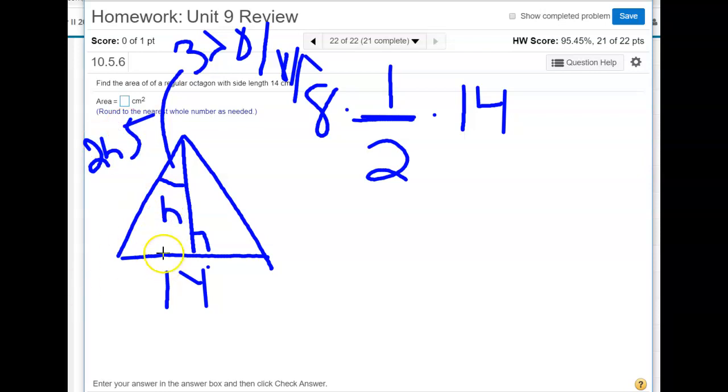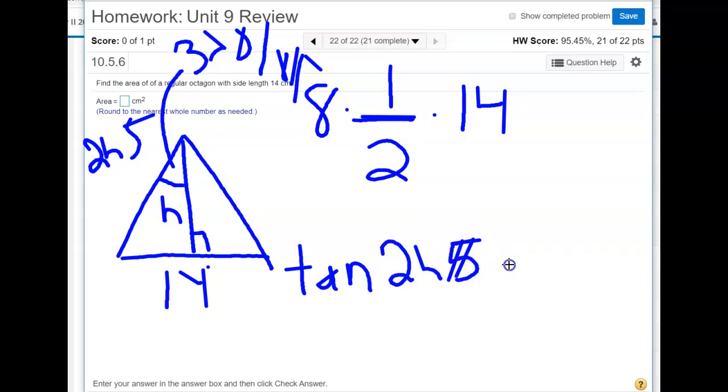We've got opposite over adjacent, which means I'm using tangent. So the tangent of 22.5 equals 7 over h. I'm going to divide.